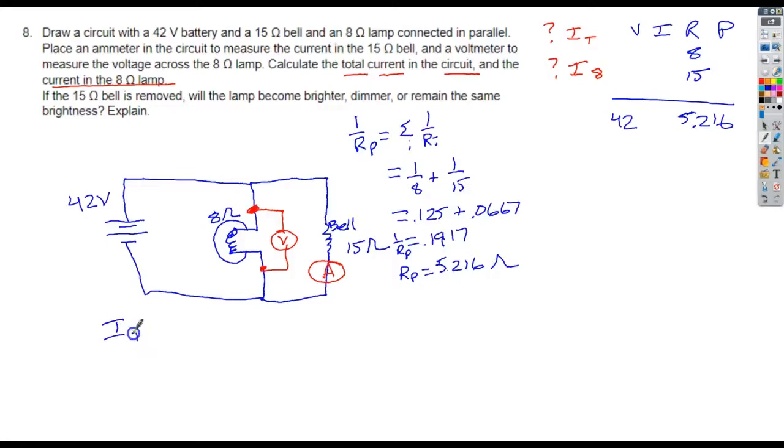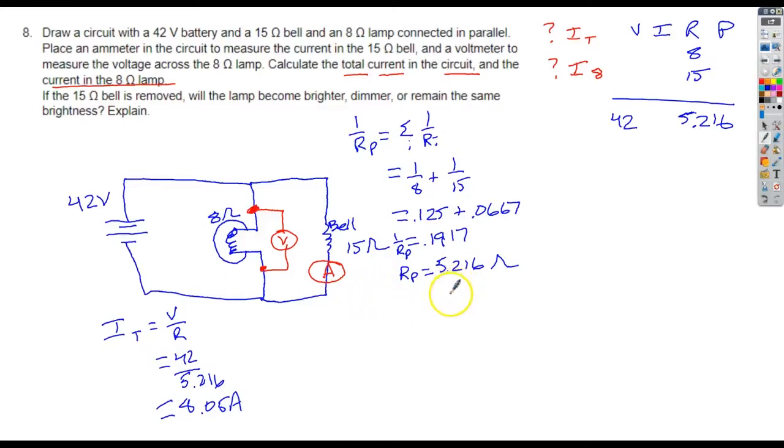So the total current is equal to the total voltage divided by the resistance. The voltage is 42, total resistance is 5.216. So we're going to take 42 and divide it by 5.216, and I end up with 8.05 amps. 8.05 amps, and that's the total current.